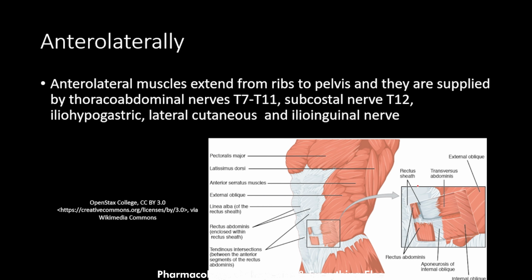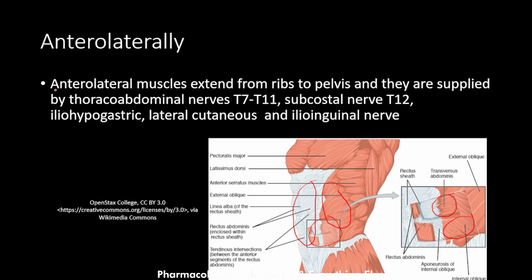So here is another view of the abdominal wall, and we can see the rectus abdominis muscle here, and the external oblique here. And if we dig deeper inside the external oblique, we will find the internal oblique. And deeper to the internal oblique, we will find the transversus abdominis muscle.